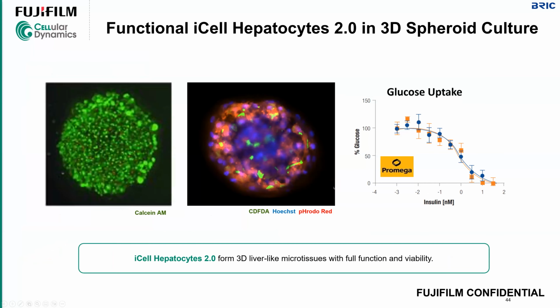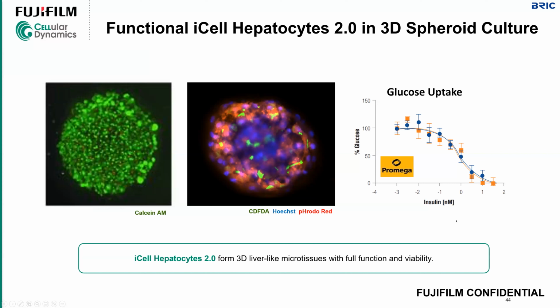We have a number of case studies where platform providers or kit providers like Promega are using our cells to prove the point that the platform is working, the kit is working. Here you can see such an example by Promega, where our iCell hepatospheres were used to showcase that the Promega kit for glucose uptake works beautifully.